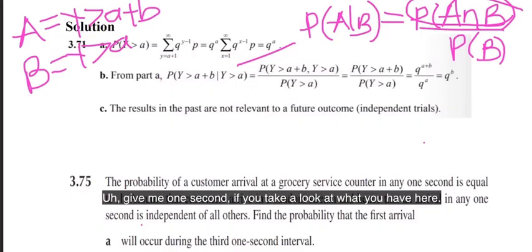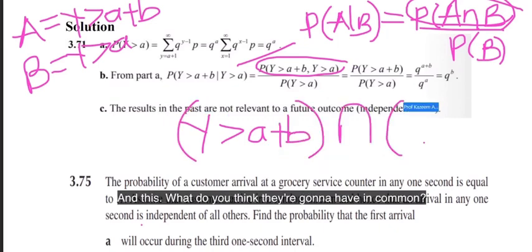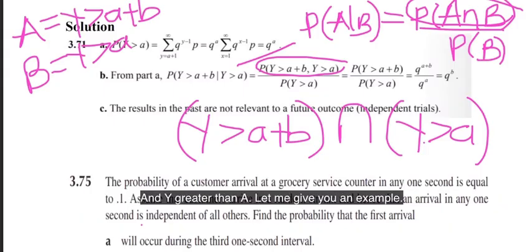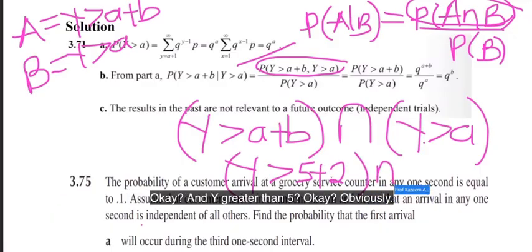Now, if you take a look at what you have here, can we find the intersection between this and this? What do you think they're going to have in common? What is the point of intersection between y greater than a plus b and y greater than a? Let me give you an example. If somebody says, what is common between y greater than 5 plus 2 and y greater than 5?